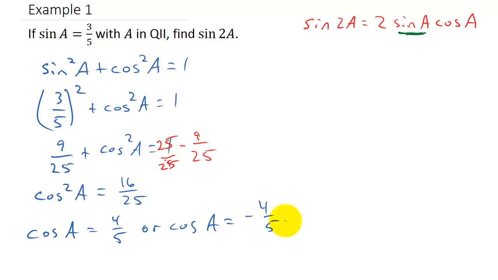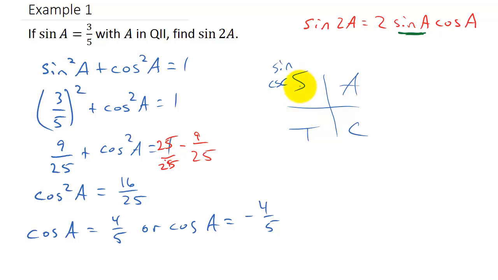Remember, when you square root both sides using the square root property, it's plus or minus. Alright, so how do we know which one to use? Well, they tell us angle A is in the second quadrant, and if you remember, All Students Take Calculus. So we're over here in the second quadrant. The only trig functions that are positive in the second quadrant are sine and cosecant.